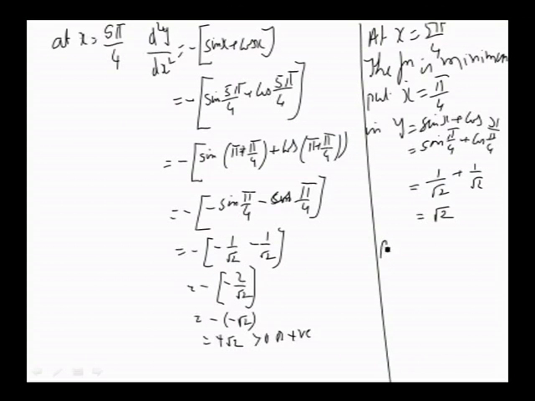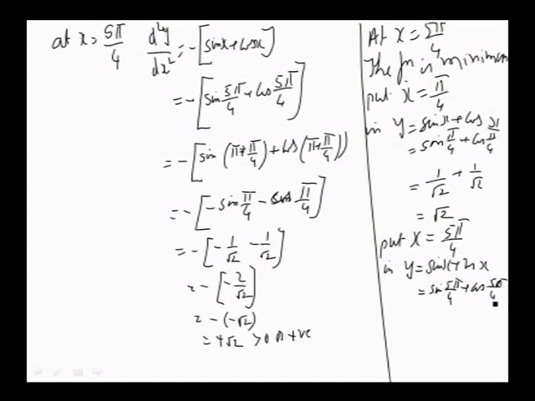Put x is equal to 5 pi by 4 in y is equal to sin x plus cos x. This is equal to sin 5 pi by 4 plus cos 5 pi by 4.